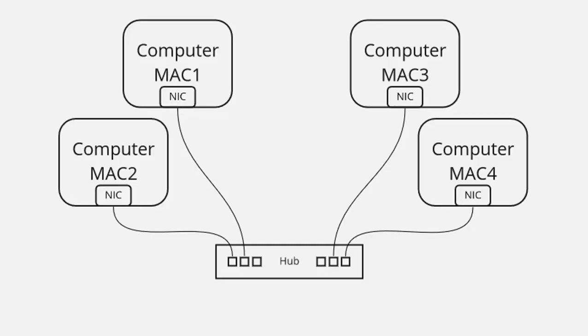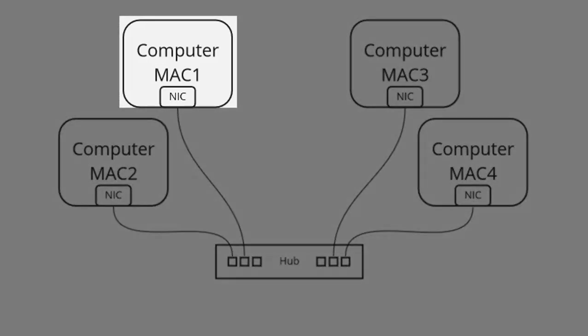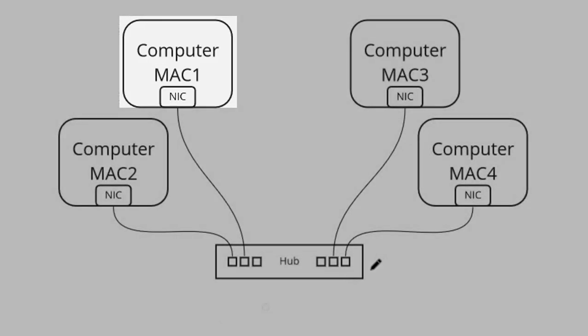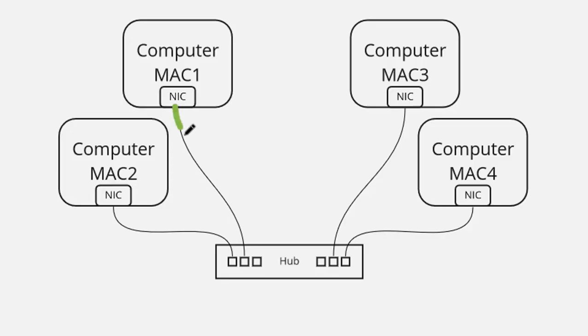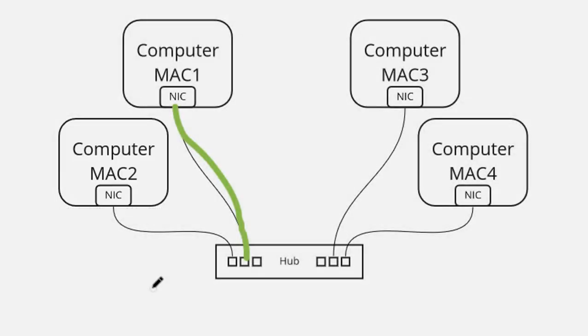A unicast is simply one device trying to communicate directly with another device. In this case, let's assume that the computer with MAC address 1 wants to send some data to the computer with MAC address 2. That's going to be a unicast. And so the computer with MAC address 1 will send this frame out onto the network.